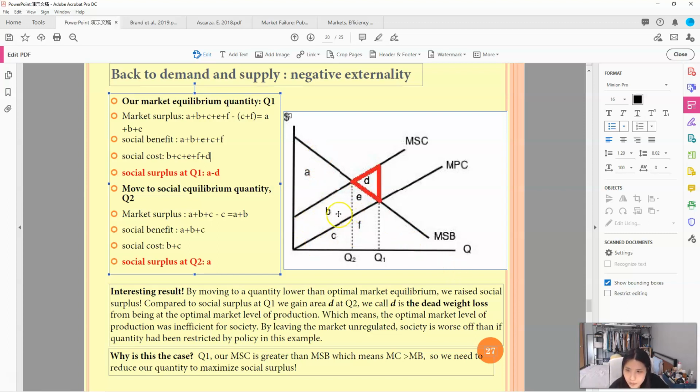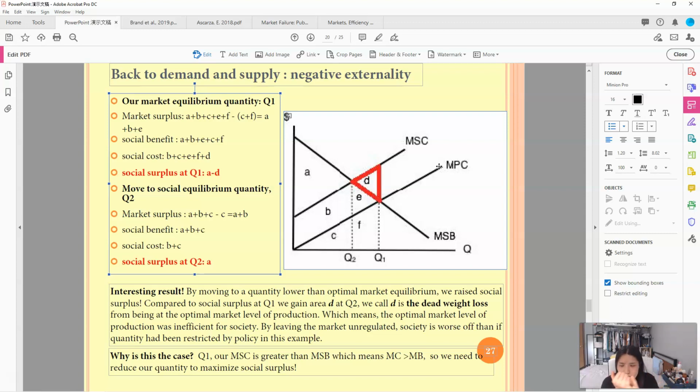However, we can say there are two marginal cost lines. There are two upsloping lines. The first one, I call it the marginal private costs. The second one, I call it the marginal social costs. So from the producer's, or we can say the market's, perspective, it only cares about the marginal private costs.